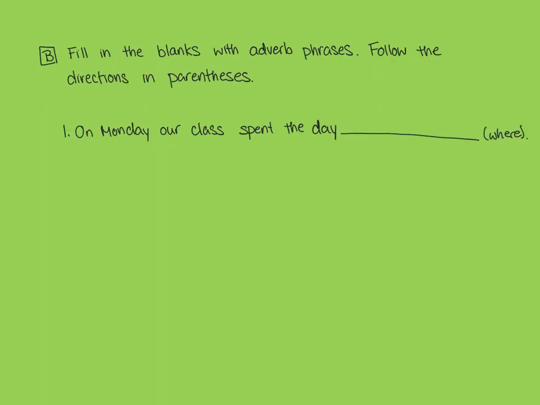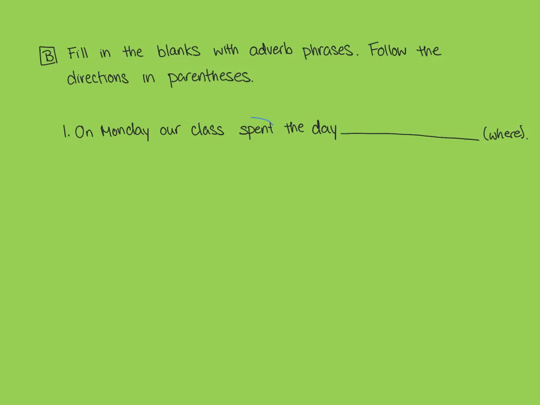Part B is going to get you to fill in the blanks with adverb phrases, and there's going to be parentheses at the end of every sentence that tell you what should go in the bracket. Is it a where, is it a when, or is it a how? So for the first example, on Monday, our class spent the day where?